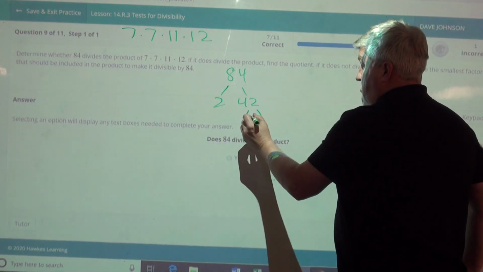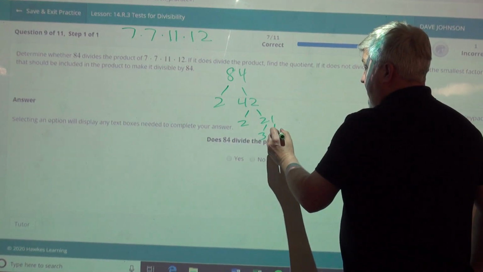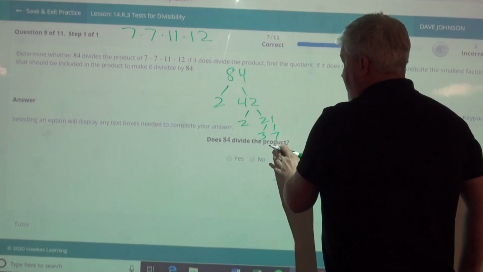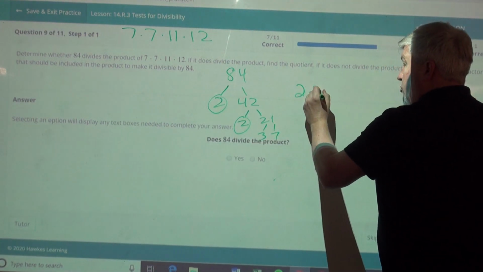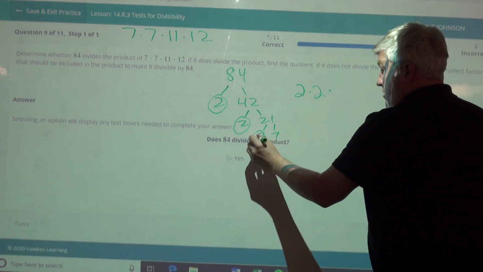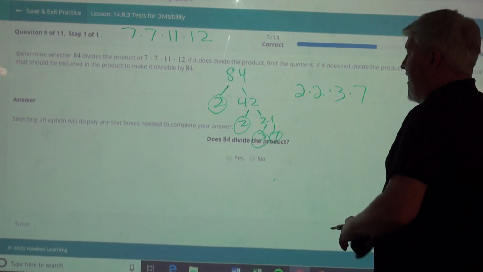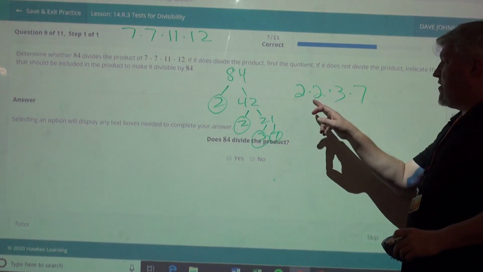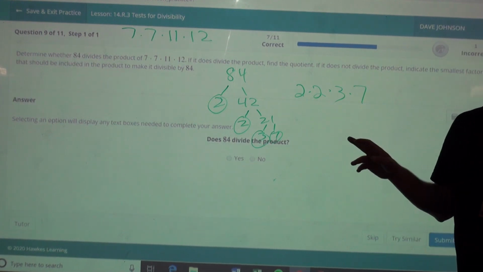This is 2 and 21, and this is 3 and 7. So I factor tree this out to 2 times 2 times 3 times 7. That's 84, the factor tree. 2 times 2 is 4, times 3 is 12, times 7 is 84.